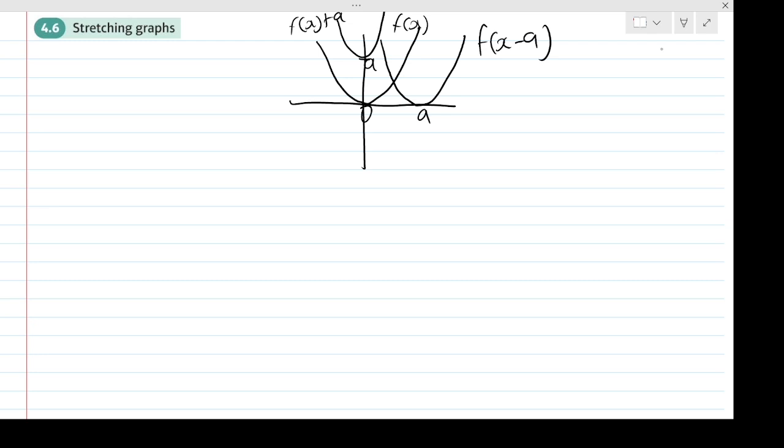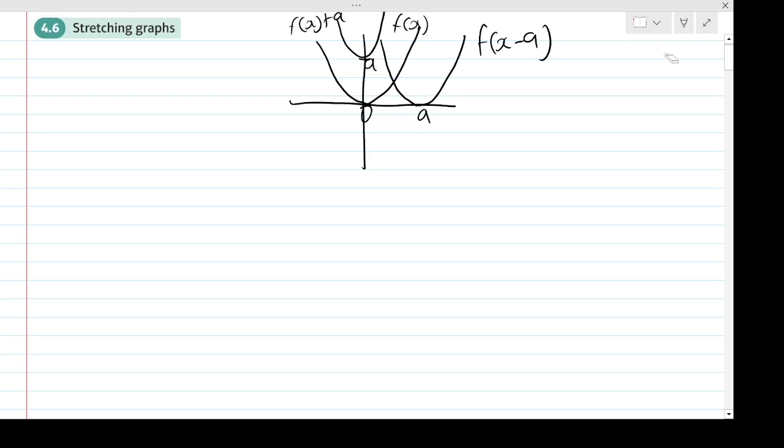And I also discussed here that the philosophy was that whatever you do inside the function, you do the opposite to what you expect. So again, with this example, you'd think you subtract a from x, but in actuality, I'm adding a, to move it up by a.